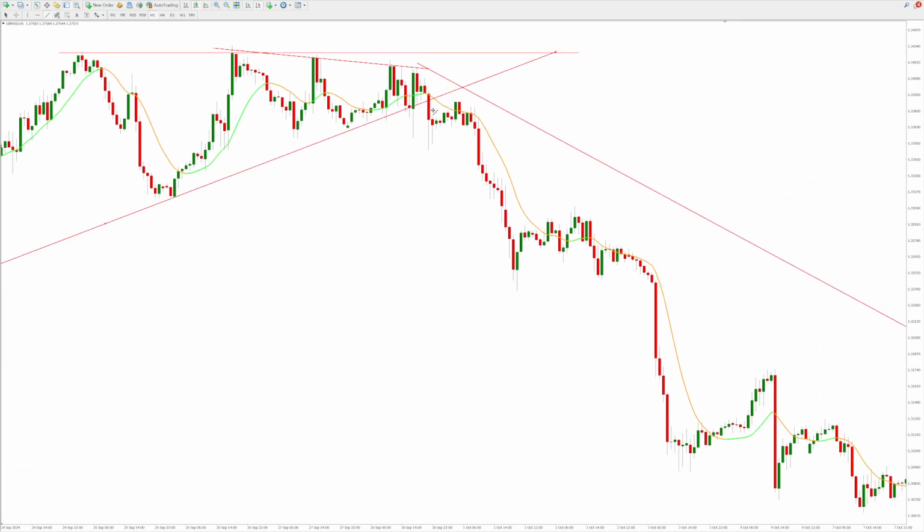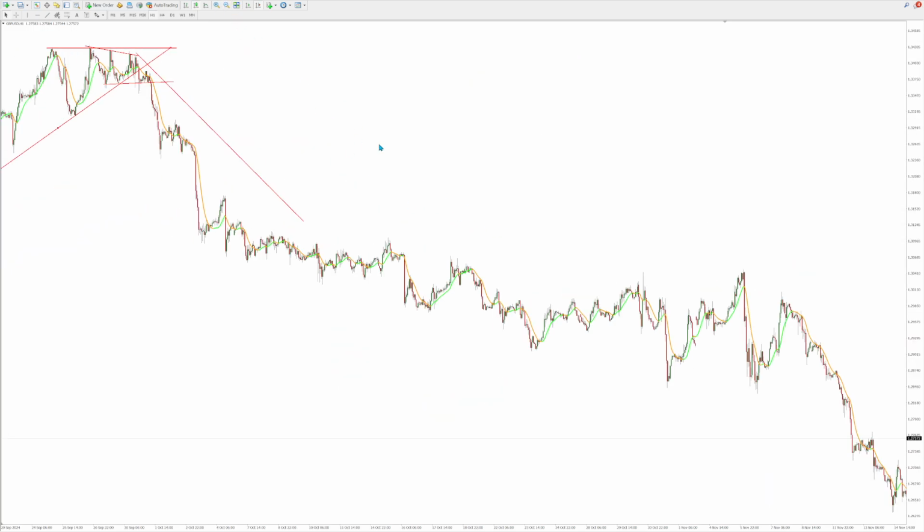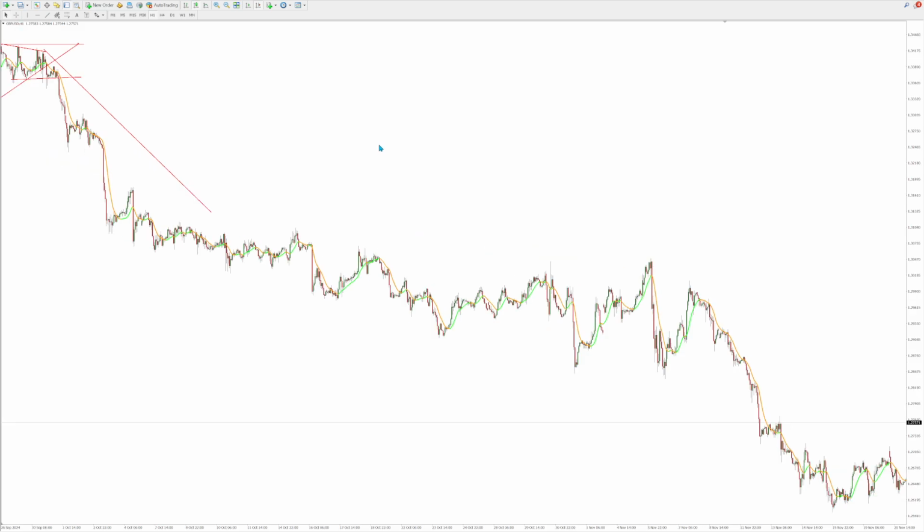So once this was breached here, you could have waited for a pullback, and well, you can see how strong. Look at this support. So a breakout closing below that support line is a good indication that this is what's going to happen. You can see from that big candle there, no coincidence, the price fell, is below the moving average as well, and this is a great entry into this big trend here.